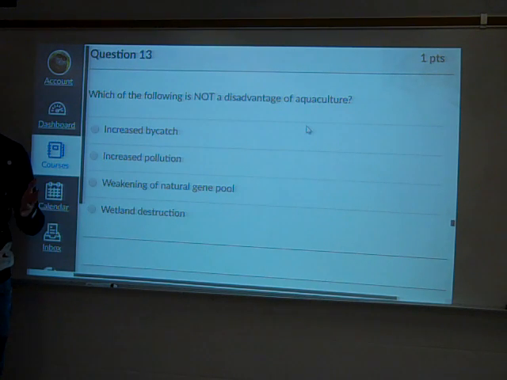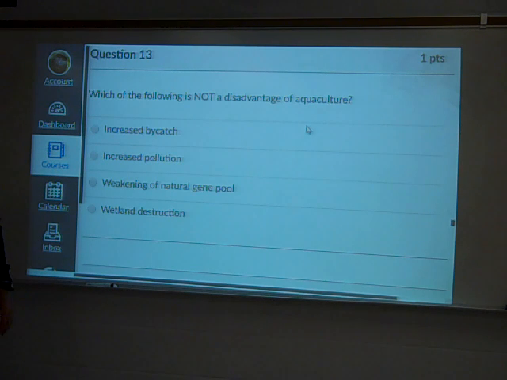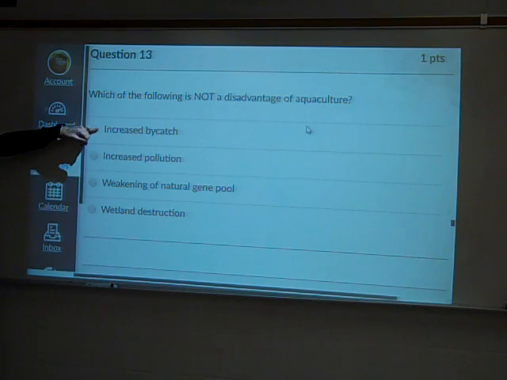A lot of times they'll die from it, the fish will, but in particular bycatch is a bad thing when we talk about dolphins and turtles because of course they need to breathe, and so they're more likely to drown in these nets, and they also tend to be more endangered than your fish populations and stuff, particularly with the turtles. So the correct answer is increased bycatch is not a disadvantage of aquaculture.